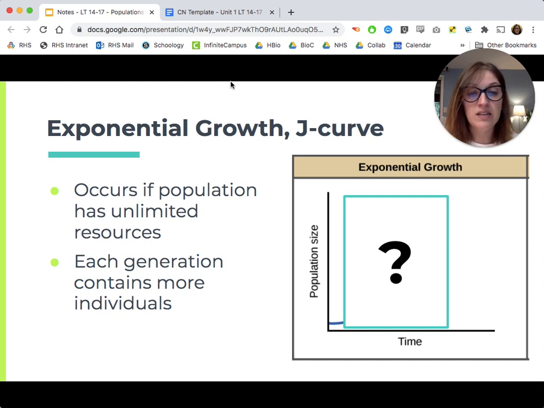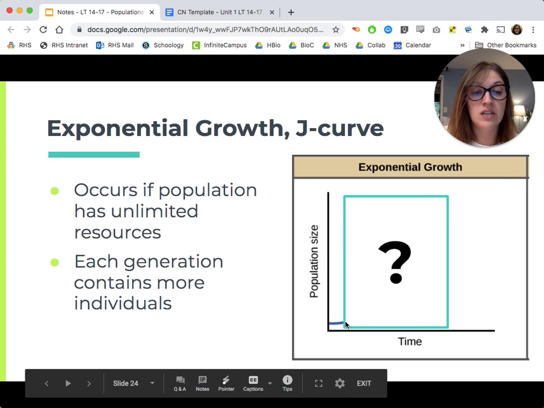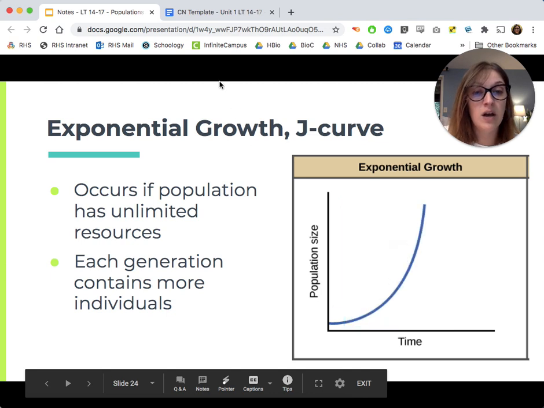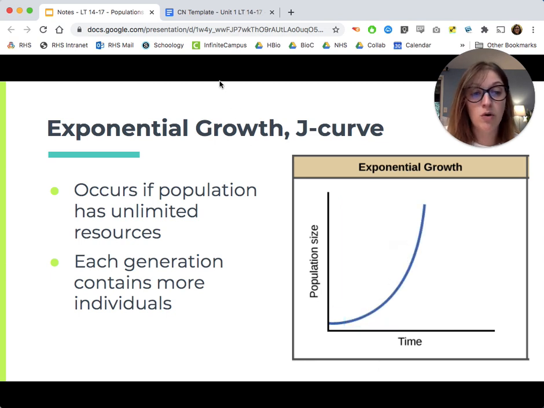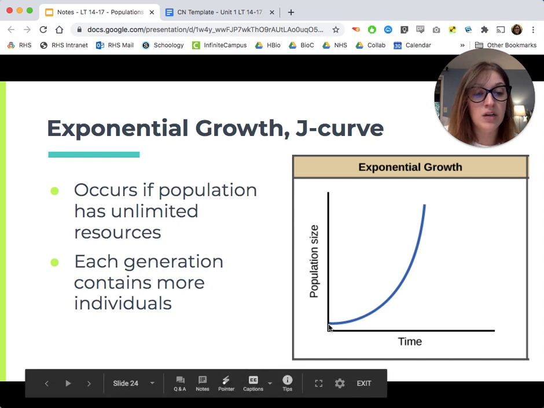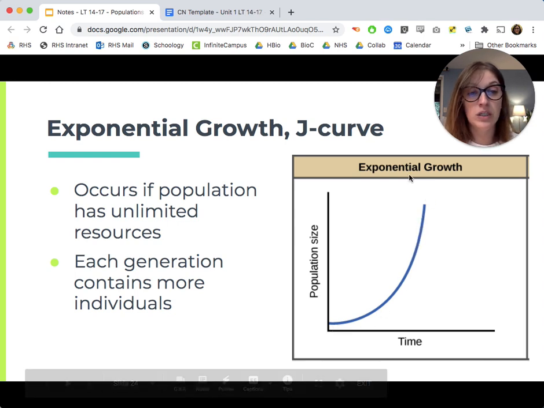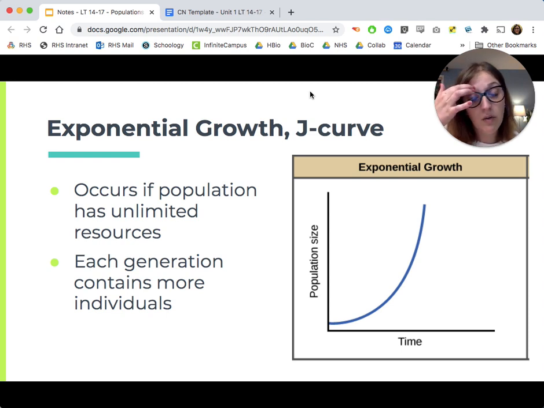Hopefully you recognize that if each generation contains more individuals and they have unlimited resources, we would see the population size continue to increase. And here it is. Exponential growth is called a J-curve because the growth line continues to go up exponentially like a J. Pause the video and illustrate the J-curve in your notes.